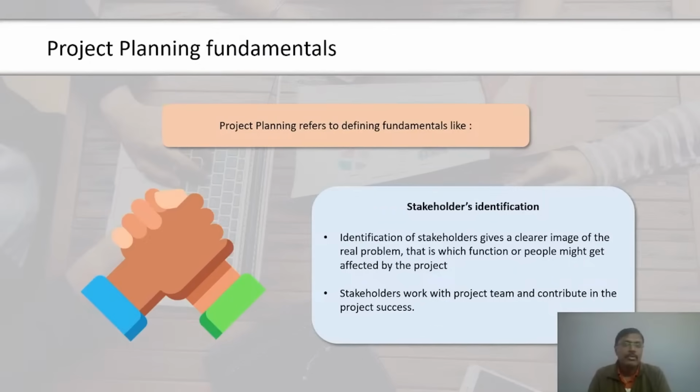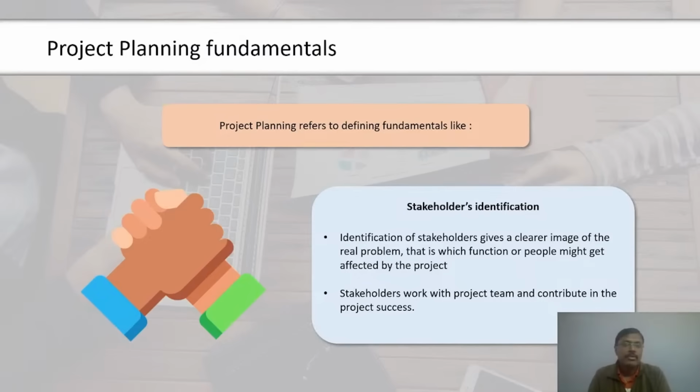For example, I am working on a project to get network connectivity from an internet service provider, LAN connectivity, as part of the organization's need. The HR department is least worried about it because their objective is totally different. Their focus will be in a different direction altogether, but high in power. How do I engage with the HR head? How do I engage with the IT head? That I can define based on this power and interest.